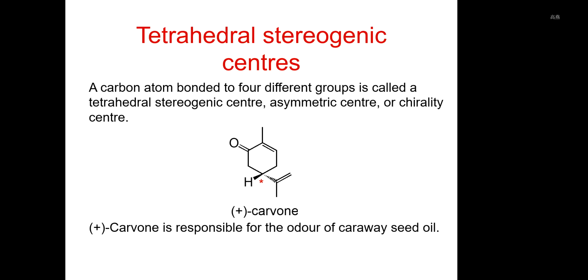So for carvone, there is a chiral center here. This means this carbon is linked with 4 different groups. So the molecule has chirality, right?